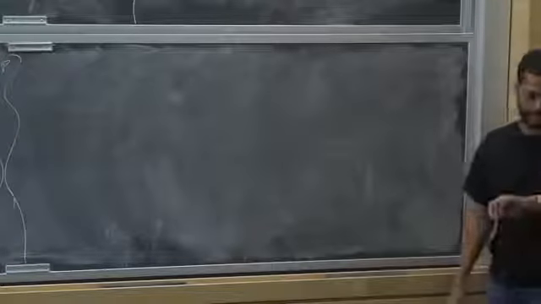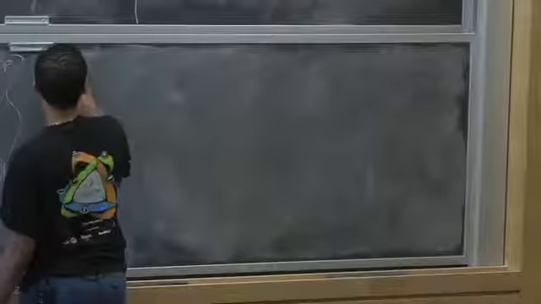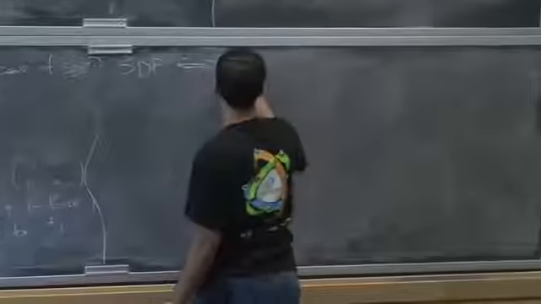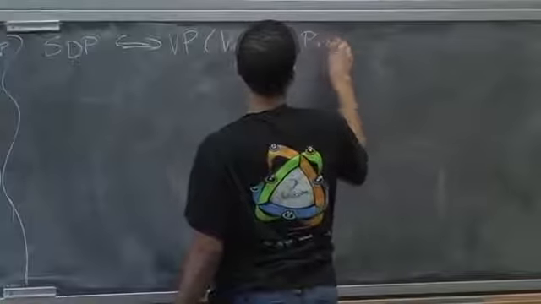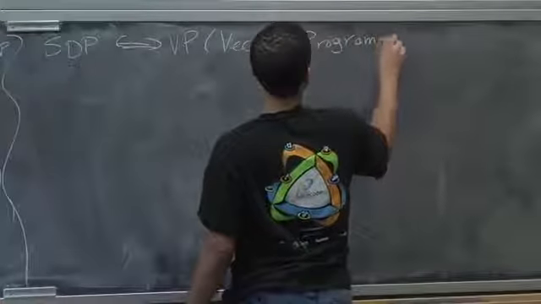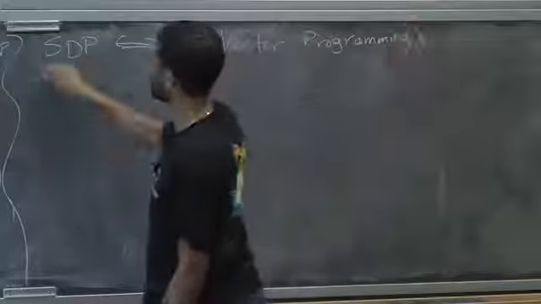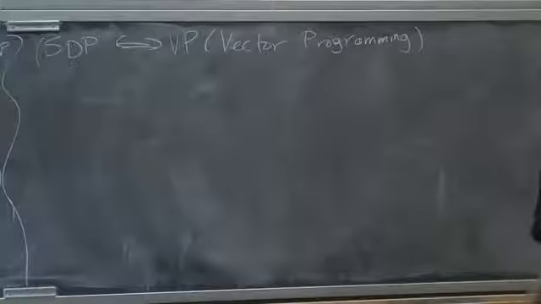Okay. So now I just want to say that because of this claim, SDP is really the same as VP, which is vector programming. What do I mean by that?